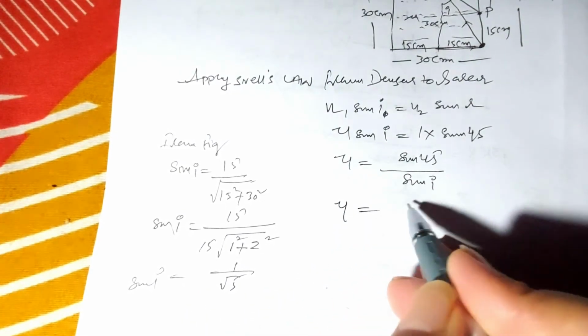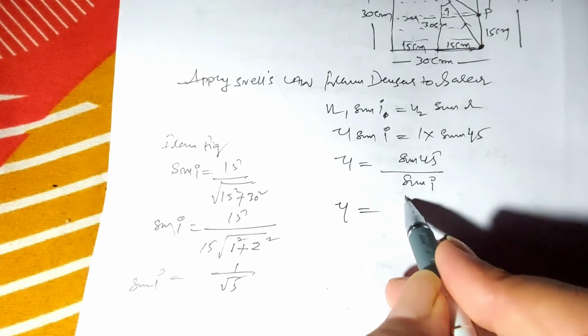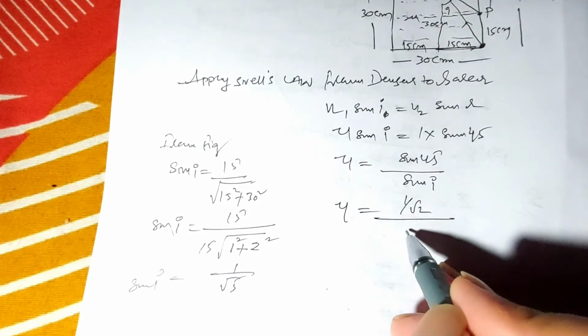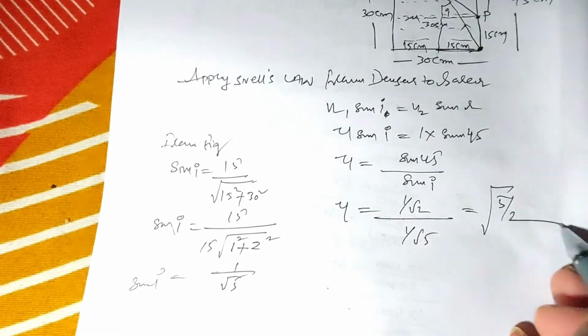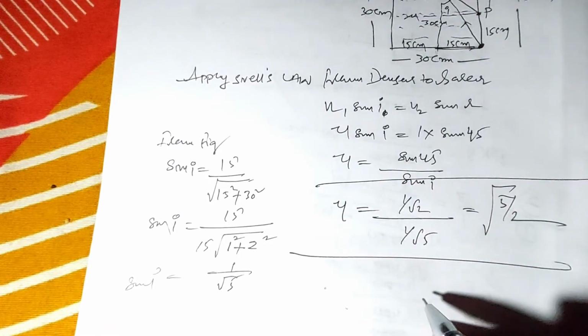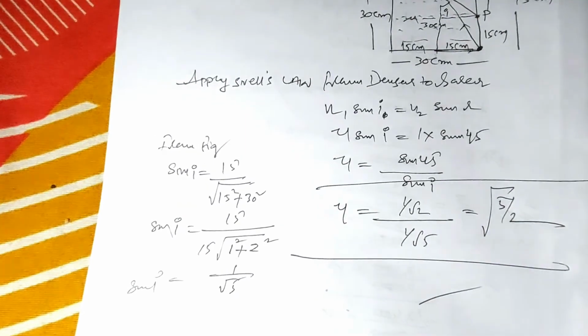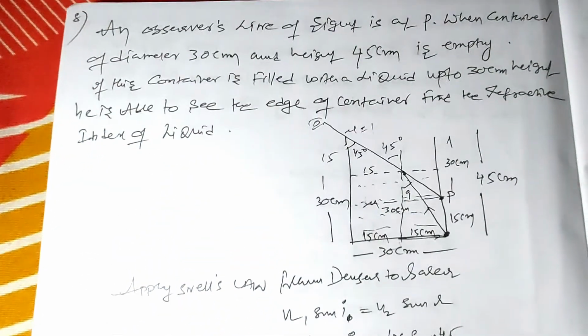Sin 45 is 1 by root 2. So mu is equal to root 5 by 2. So our answer is mu is equal to root 5 by 2.